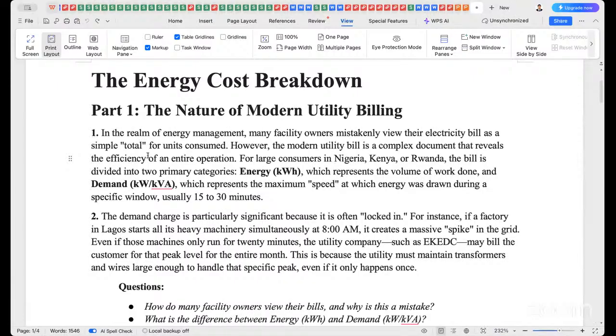So to start this part one, I would like someone in the audience to read paragraphs 1 and 2. Under part 1, there will be questions we'll review, and other comments we'll also get during the course of this part. So, can we have someone raise his hand and read 1 and 2 under part 1?